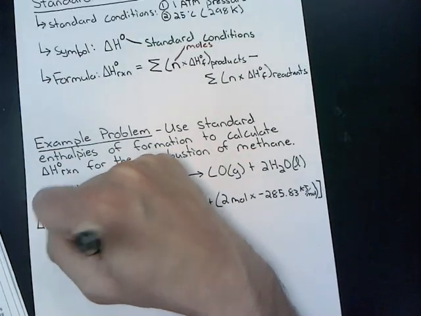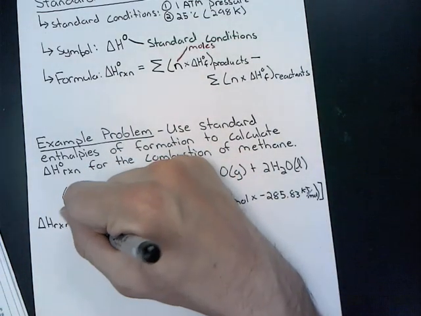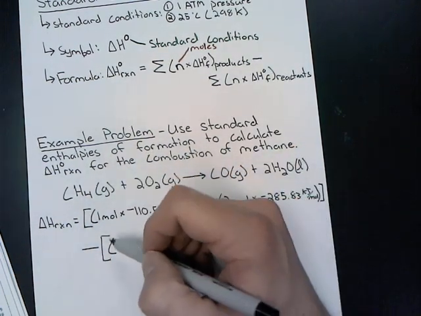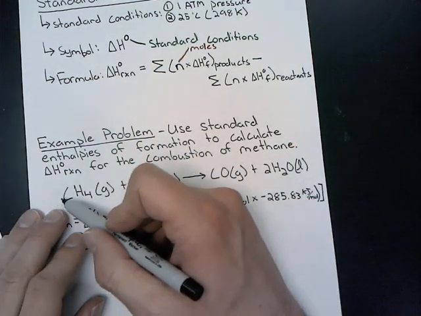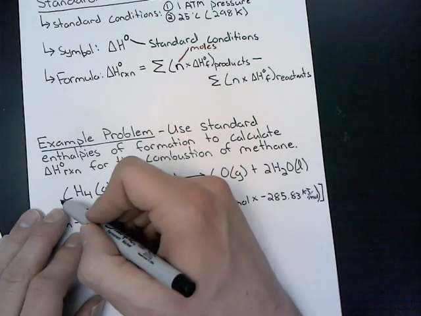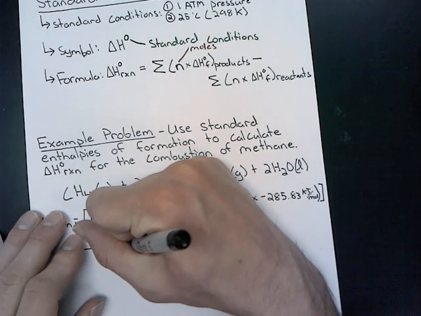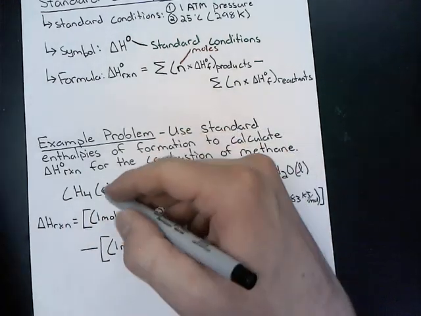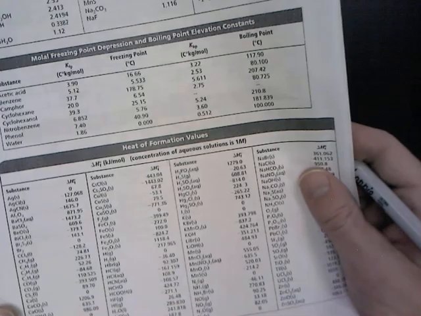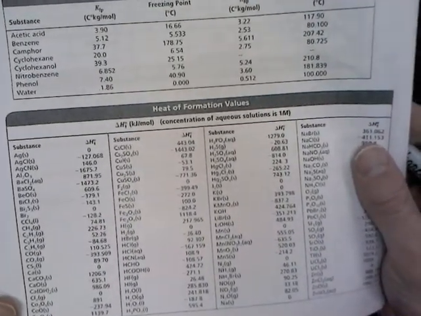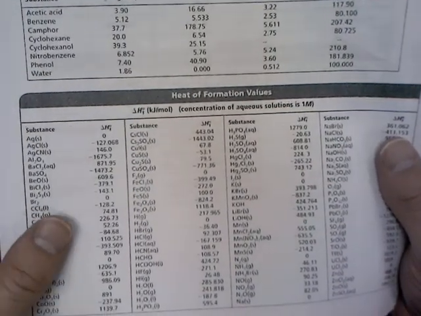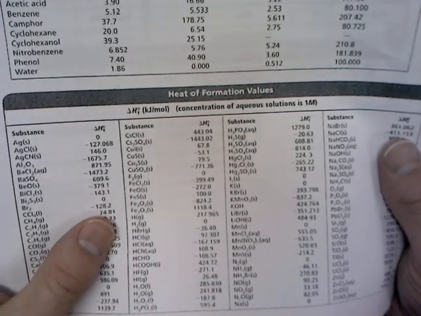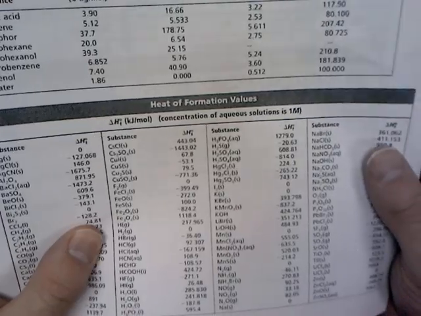I subtract all of this by the reactants, products minus reactants. So I start here with the coefficient of CH4, which is 1, which means I have 1 mole of CH4. And again, I'm looking for CH4 as a gas. So I go to my handy dandy chart and CH4 as a gas is 74.81 kilojoules per mole.